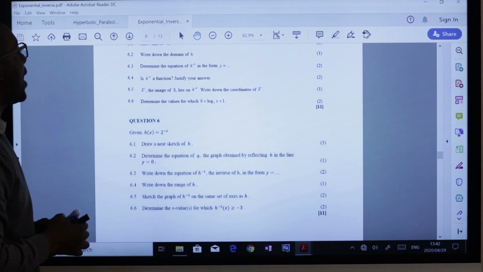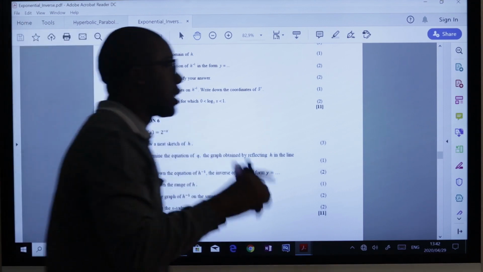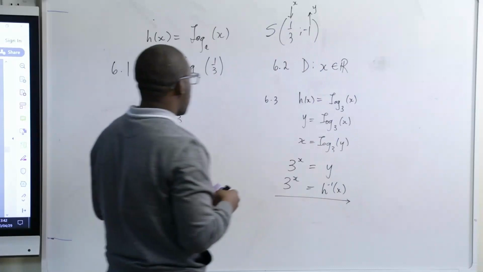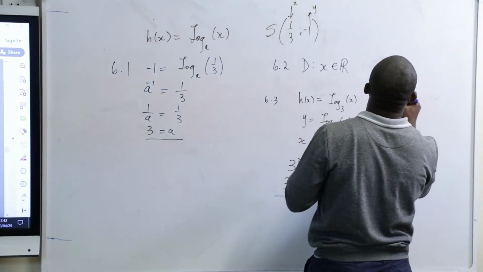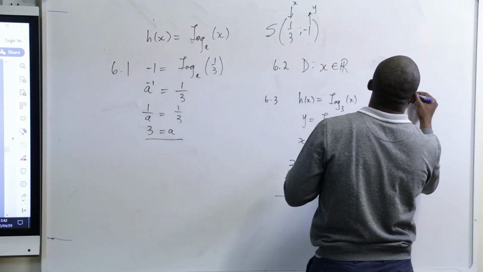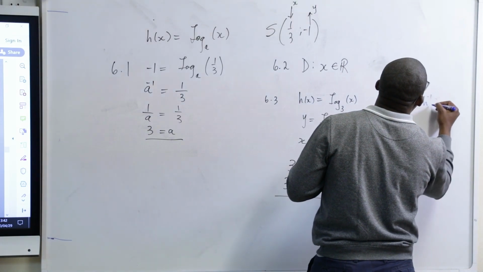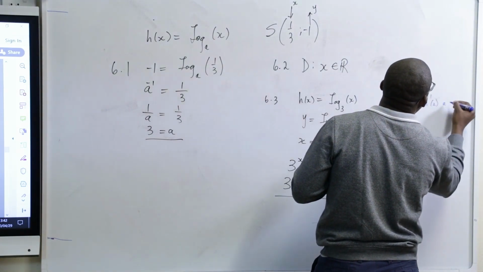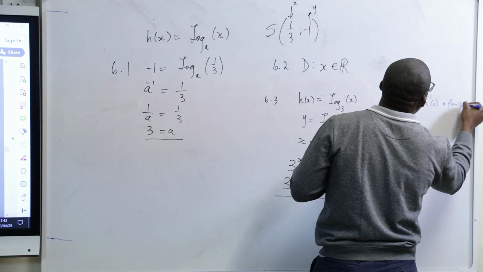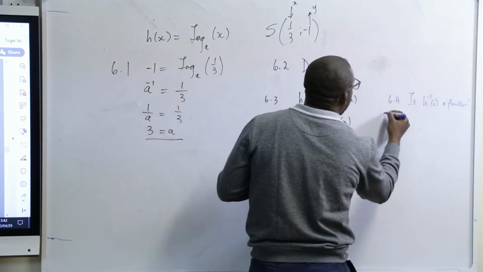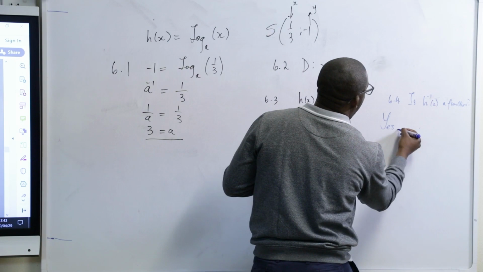Is h to the minus 1 a function? Yes. 6.4. Is h to the minus 1, the inverse, a function? Answer, yes. Why?